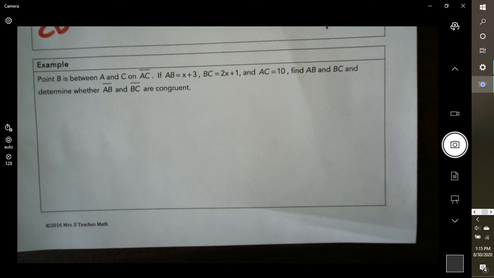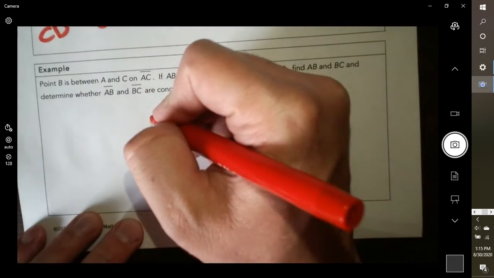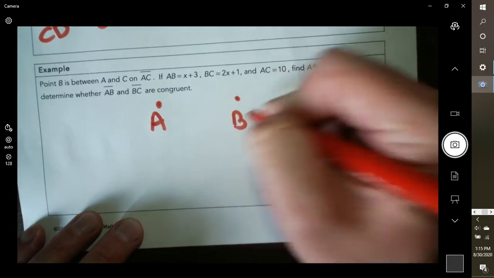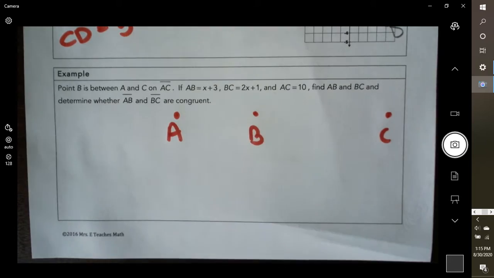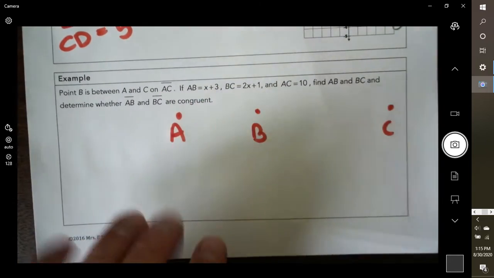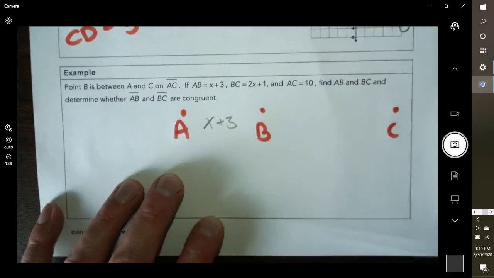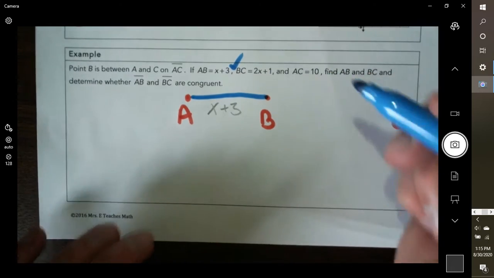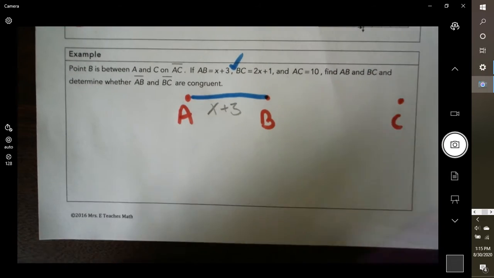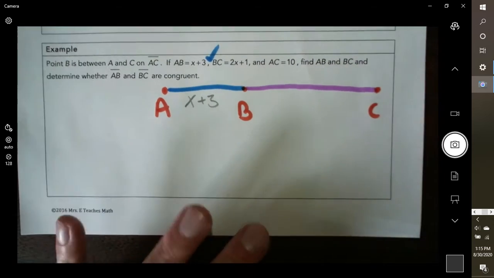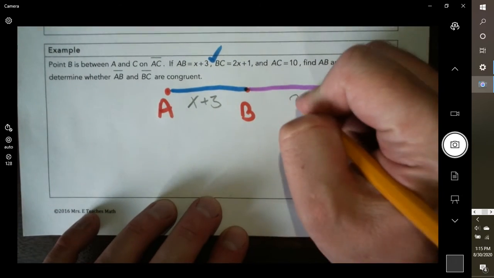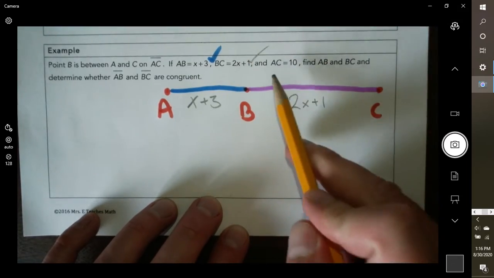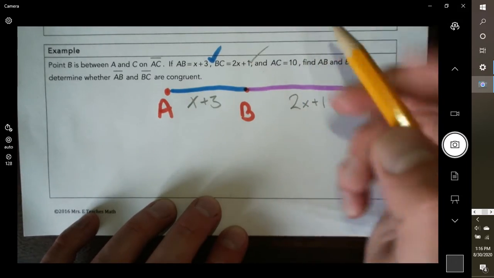Let's go down to our last example, guys. I would recommend again drawing a picture if possible. Point B is between A and C. So let's go ahead and write that: points A, B, and C. If AB is x plus 3, BC is 2x plus 1, and AC, the whole distance, equals 10.